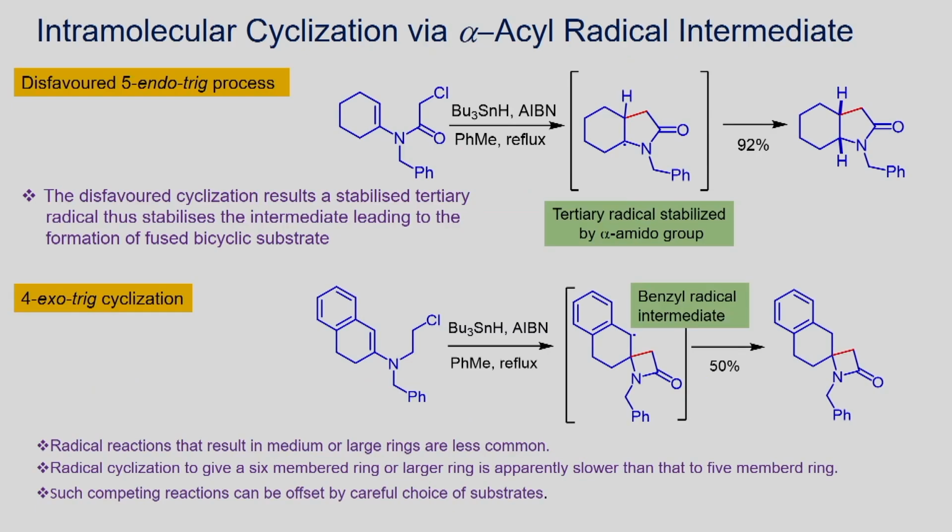Now let us look at another example. This also involves intramolecular cyclization. You have the carbon-halogen bond, as we have just seen, and the tributyl tin radical, which can be generated from tributyl tin hydride and AIBN, can readily react with the carbon-halogen bond to form a radical.